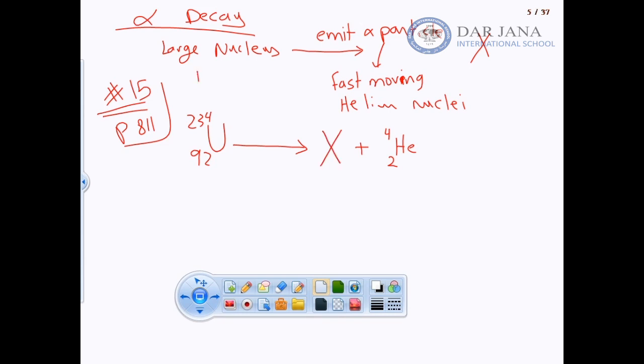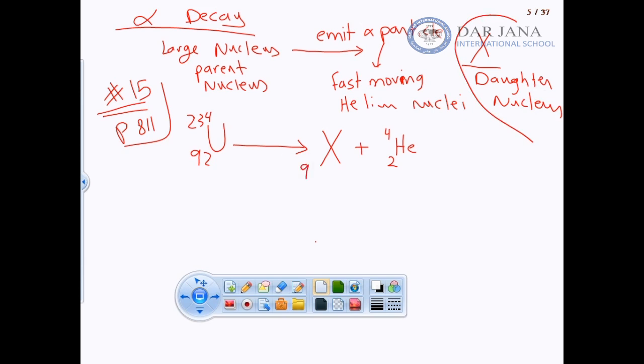So this is called the parent nucleus, and we will have a new daughter nucleus. So this is the daughter nucleus. It should be here 90 and 230.